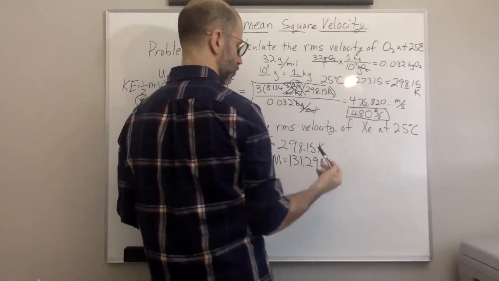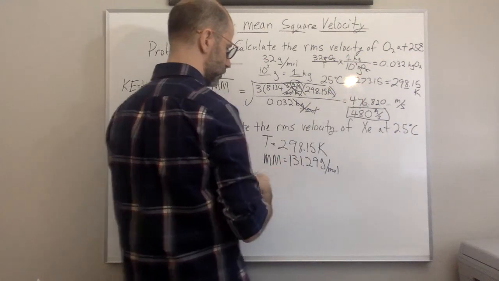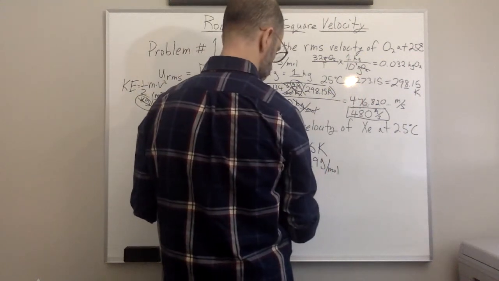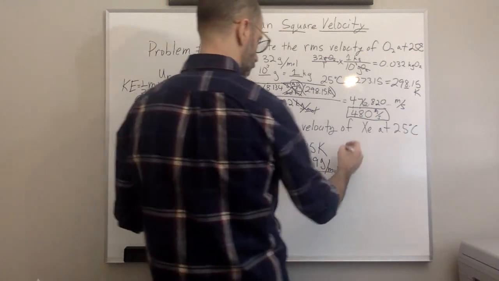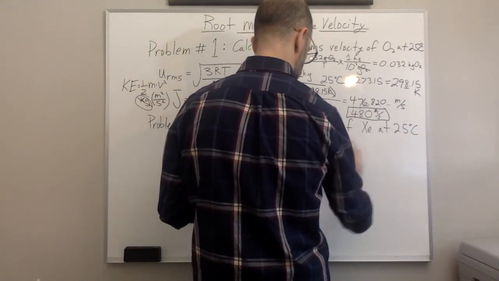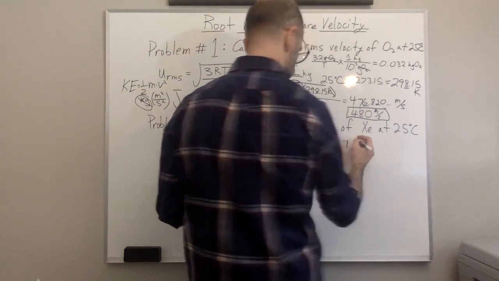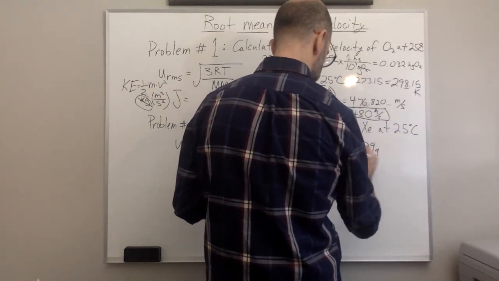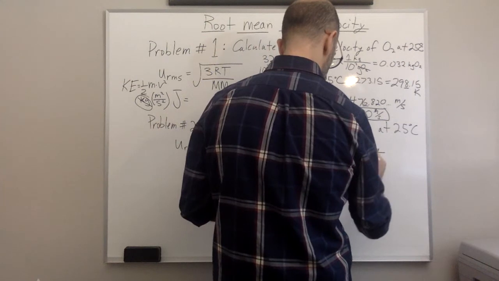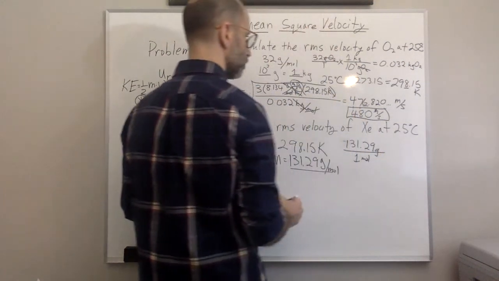I'm dividing by 1,000, so I'm going to do the same thing here. So 131.29 grams over 1 mole.